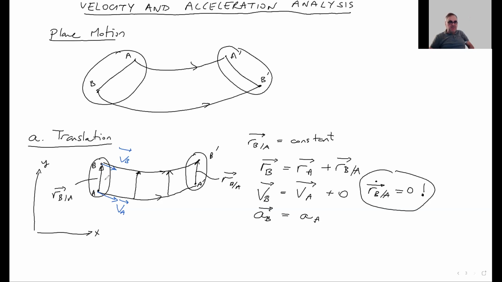All the points inside the body move with the same velocity. There is no difference. At all points, the velocity is the same. The velocity might be changing over time, but inside the body, it's all the same. VB and VA, they are the same velocity, okay? VB is equal to VA.